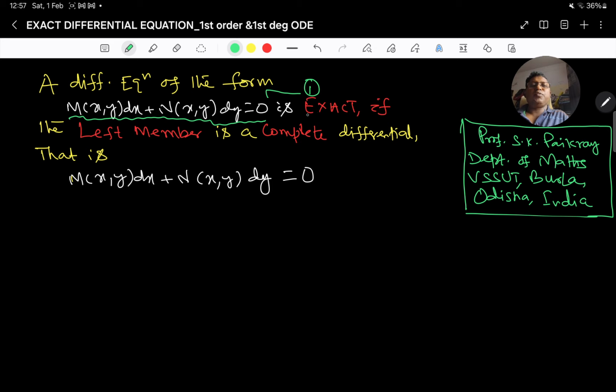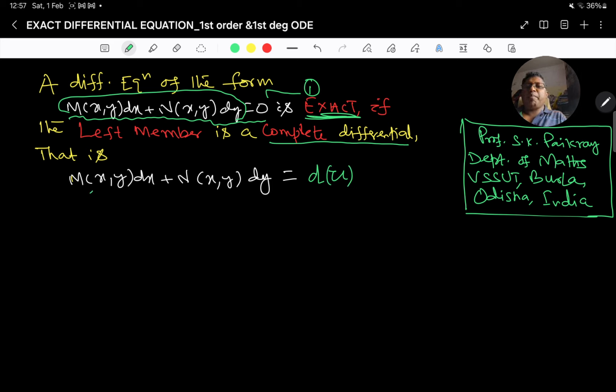Now this equation 1 is said to be exact if the left member is a complete differential. That means I can say the left member is d of something, a complete differential.